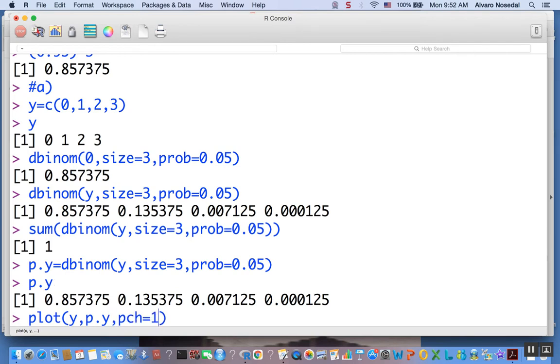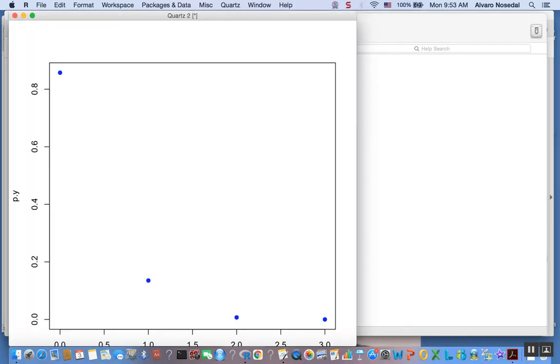I'm going to use that argument. pch equals 19 is telling R that I want solid circles. col blue, I want blue solid circles. Okay, so that's a basic graph of our probability mass function.